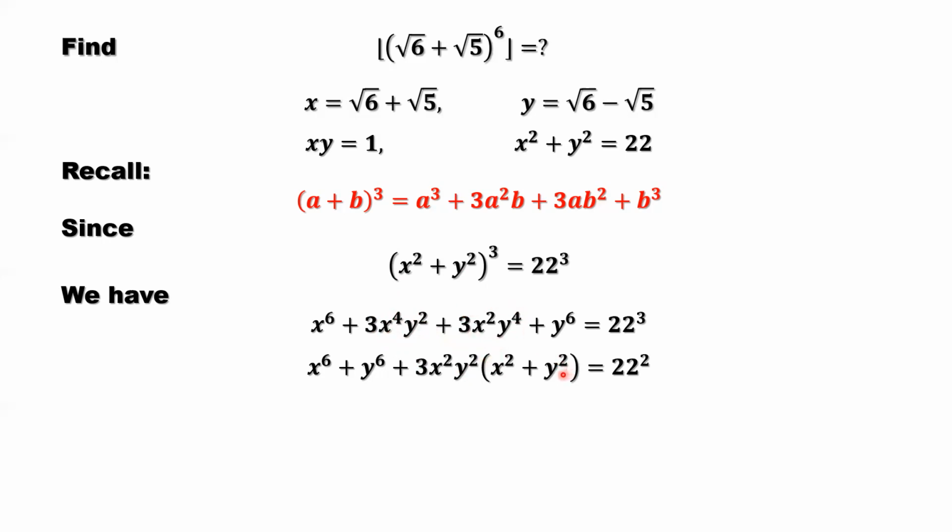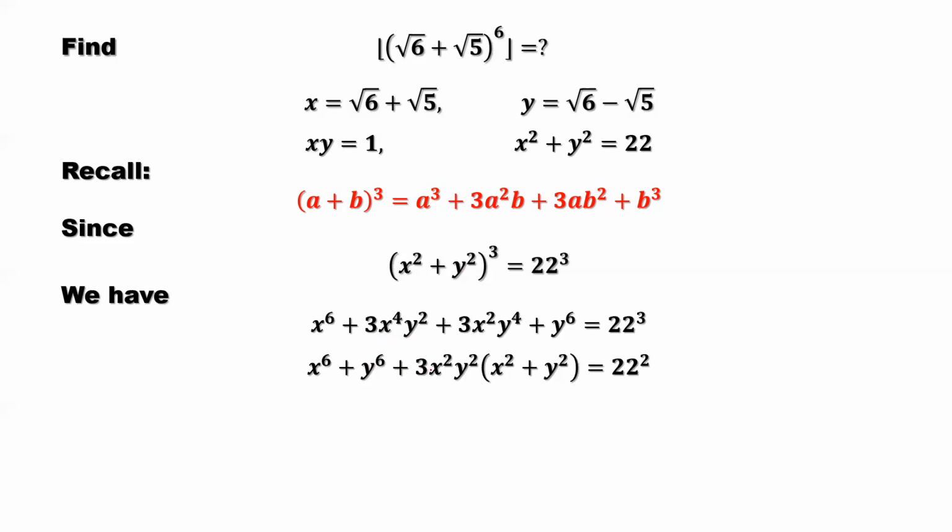So here, continue to simplify this. Let's mark it. So here, we put x to the power 6 and y to the power 6 in the first group here. Right? So that's what we want.